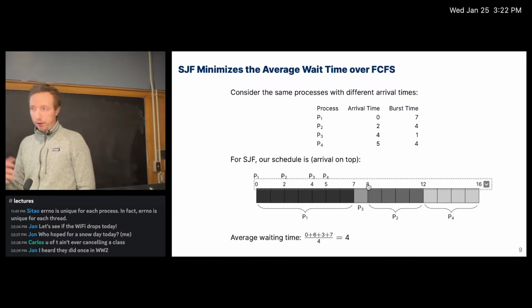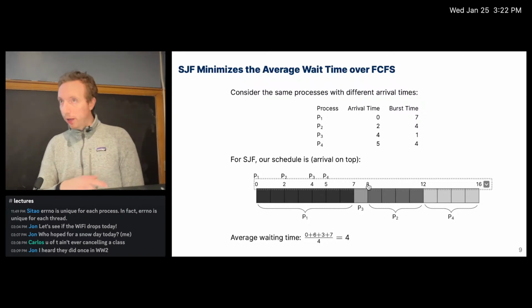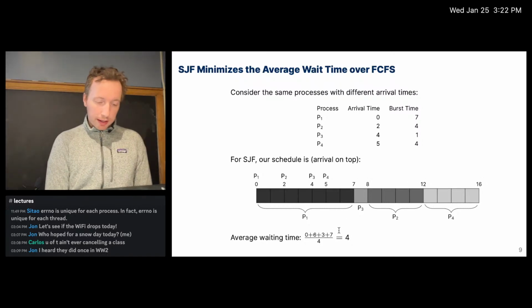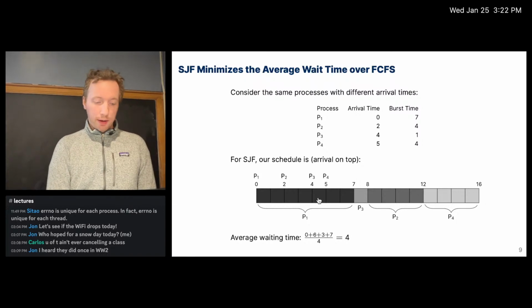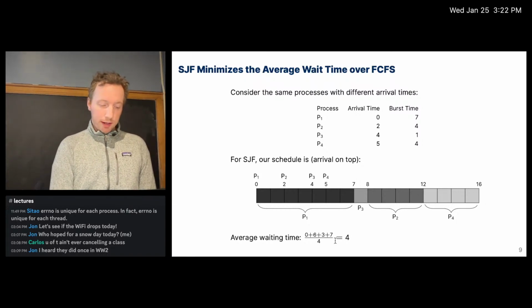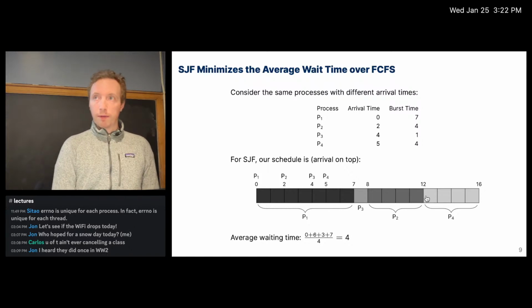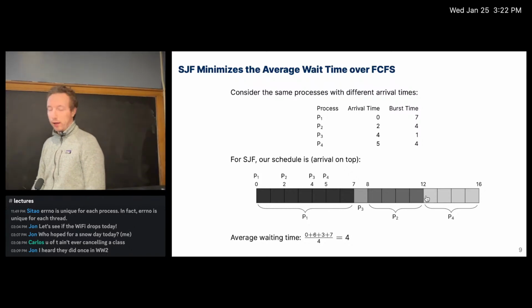So 8 minus 2 is 6, or you could count the boxes if you want to. Then P3 arrived at time 4, didn't execute until 7, so it waited 3 time units. And then P4 came in at 5 and didn't execute until 12, so it waited 7 time units.